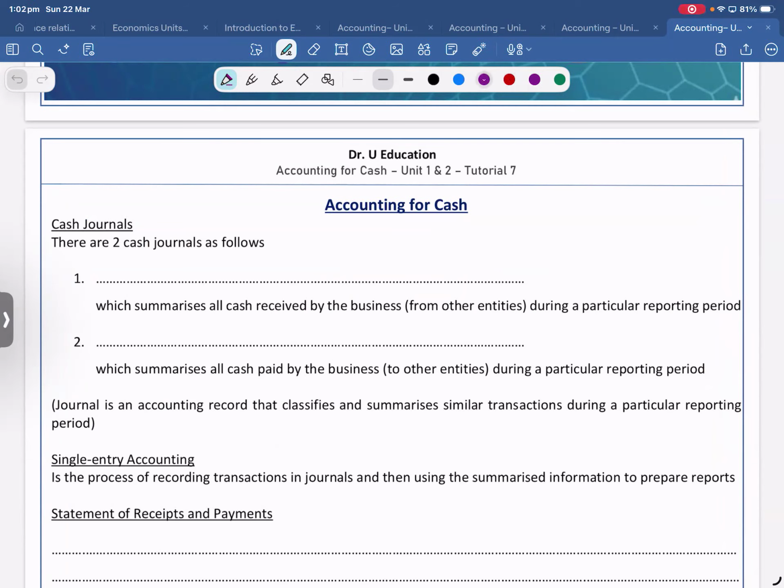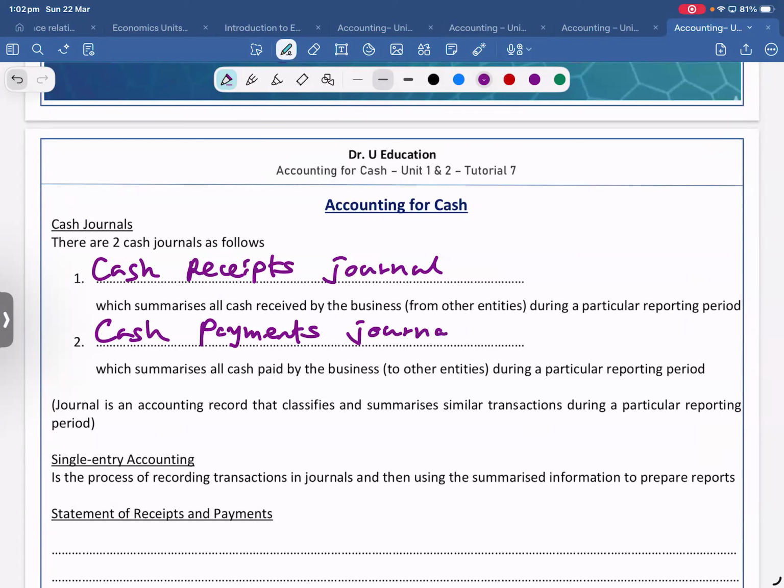There are two cash journals. First one, cash. Next one, payments.